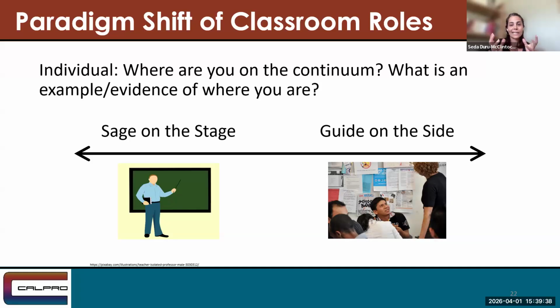I cannot say I'm completely this one or completely this one. It changes for me with the group, their needs, and the topic that I'm teaching. That's my idea. Excellent, thank you. Any other ideas? Would anyone else like to share?